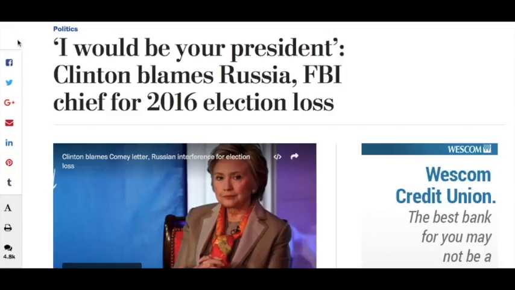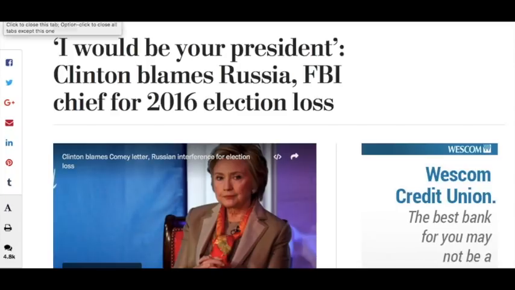So she can't even, well, of course, she's a psychopath. She can't admit that she screwed up her own campaign and that she was so beyond infinity corrupt that she's her own worst enemy. No, it's everyone else. In the total psychopath MO, it's everyone else but me.